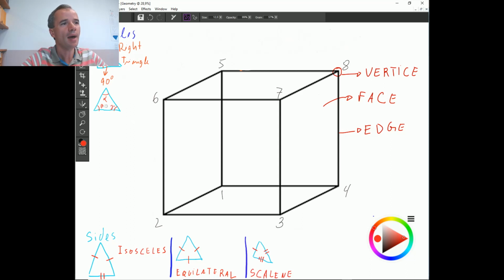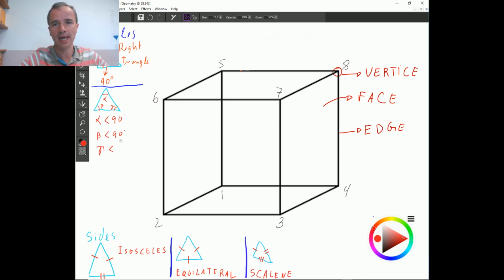Let me just put a separation here. What happens when all the angles are like this? When alpha is smaller than 90 degrees, beta also is smaller than 90 degrees, and gamma also.